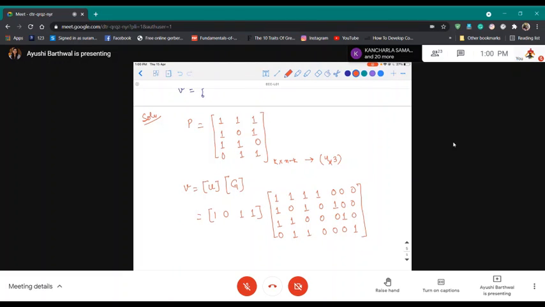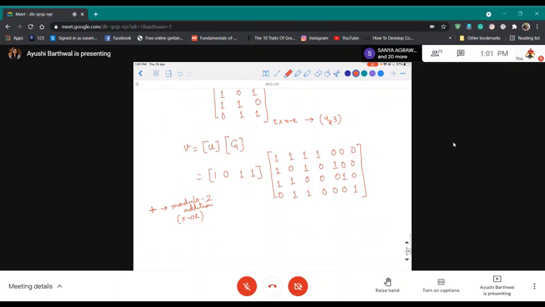Now you have to find the valid code word, and one thing you have to take care of is that you have to take modulo 2 addition. Whenever you solve this matrix, the plus sign will be represented by modulo 2 addition, or XOR addition.